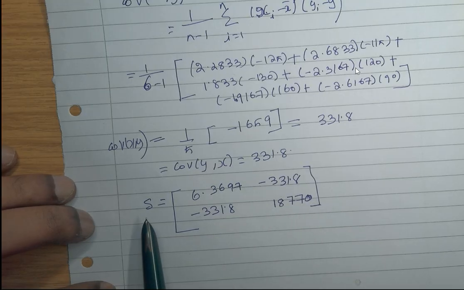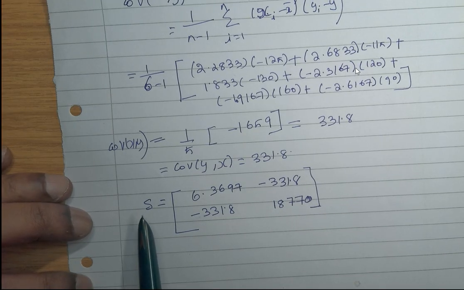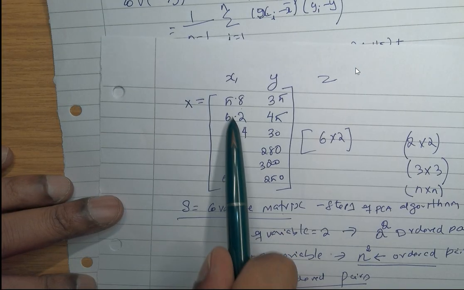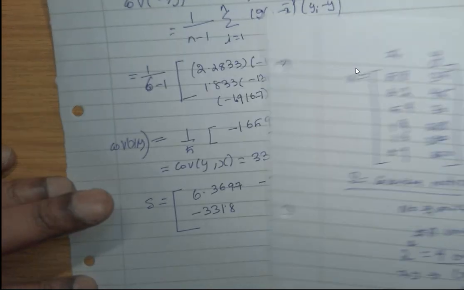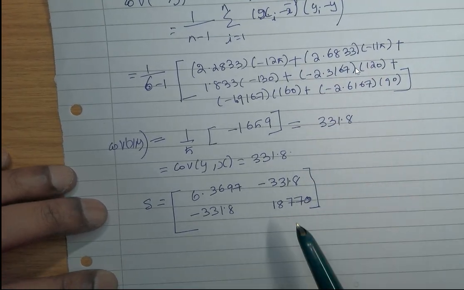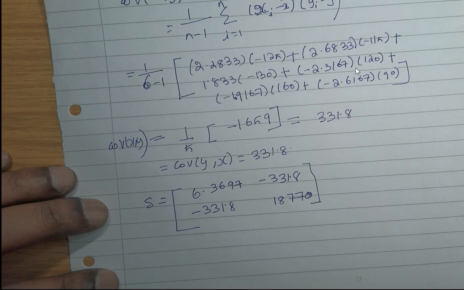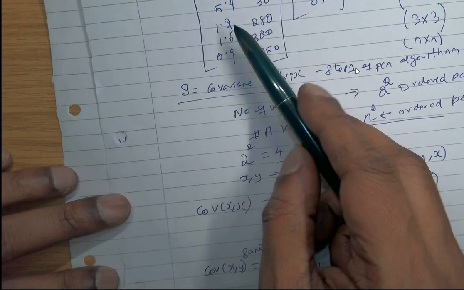So what does S mean? S helps us carry all the information in the entire data set into a 2 by 2 matrix. That's what I want to emphasize now. In the process of deploying PCA, we calculate the covariance matrix.